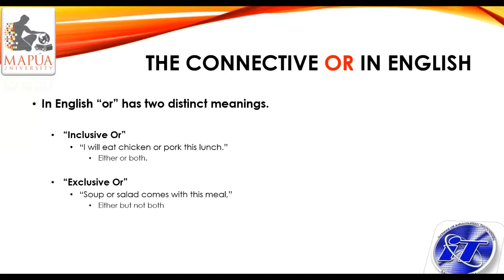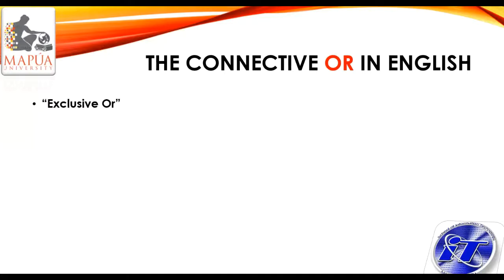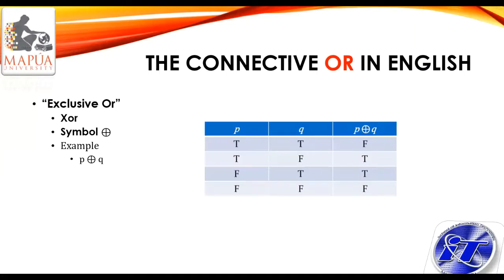If we're going to get both, we're going to have an additional charge for it. But in case we want to retain the cost, we're just going to choose one of them. So that's an example of exclusive OR. The symbol for exclusive OR is a plus inside a circle. This is the truth table for XOR.